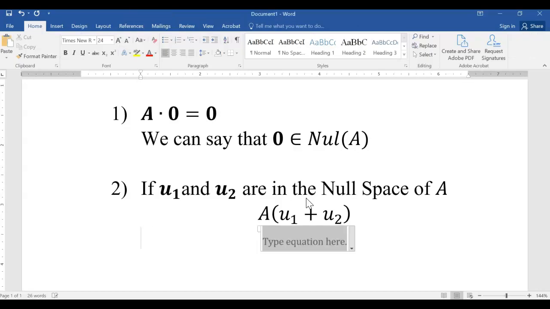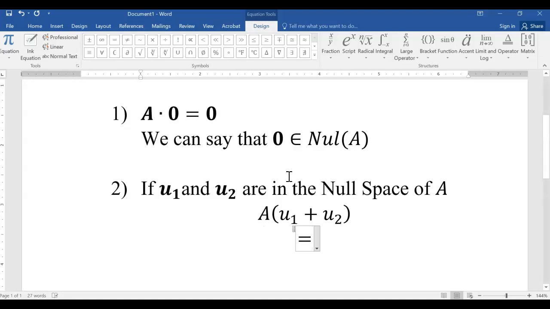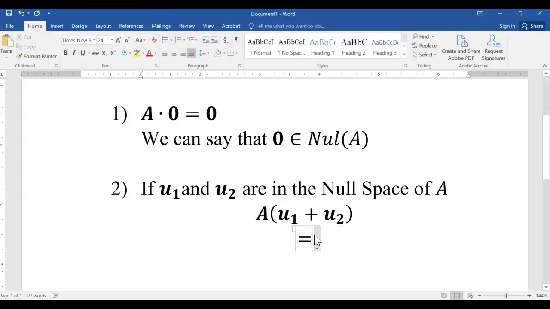Well, one thing that'll happen is since this is matrix multiplication, I can take A and multiply it times each of those individually. So A times u1, then A times u2. So the sum, after you multiply it by A, because of matrix multiplication, I can distribute and we're going to get that.